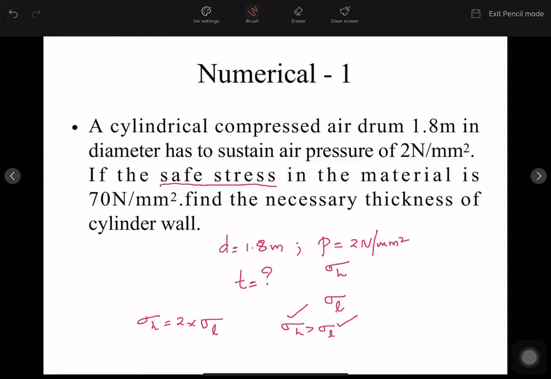On the contrary, if a cylinder is safe in hoop stress, as it has a higher value than longitudinal stress, it will ultimately be safe for longitudinal stress as well. This logic you need to understand, then only you will be able to solve this numerical.